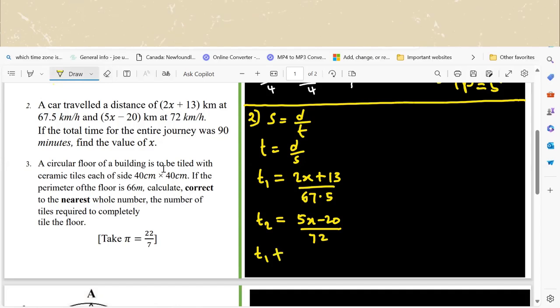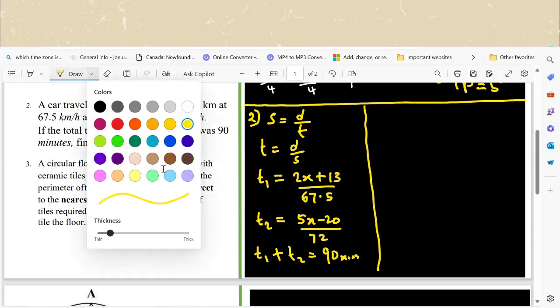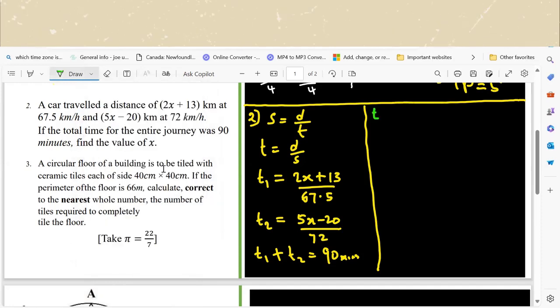Of course, we are going to change this 90 minutes to hours, because all these speeds are given in kilometers per hour. So we can say T1 plus T2, 90 minutes is 1.5 hours, which is 3 over 2.